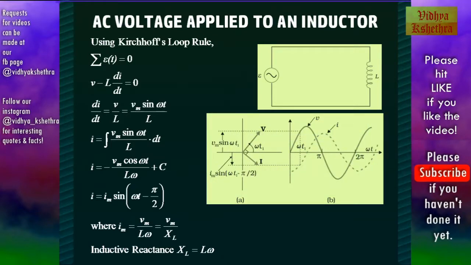This is the phasor representation of this circuit as shown in figure A. In this, the two vectors V and I have an angle of 90 degree between them. And B shows the two waveforms, one for the voltage and the other for the current, and these two waves have a phase difference of pi by 2.